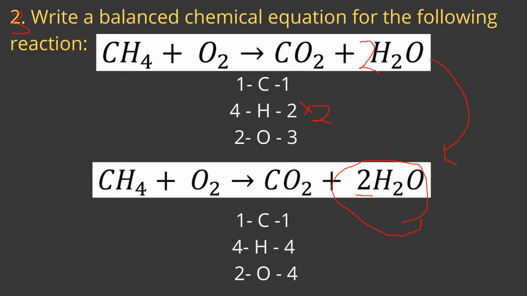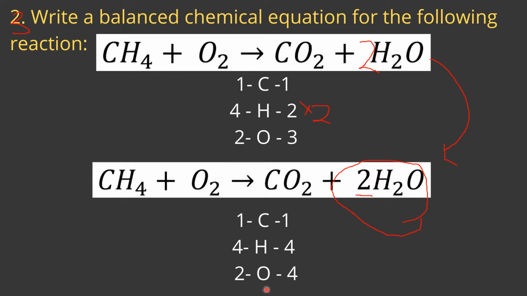And then after you do that, you check whether the carbon is still 1 and the carbon is still 1 on this side, right? The hydrogen is 4 on the left hand side. Now 2 multiplied by H2 will give us 4. It's 2 multiplied by 2 will give us 4. So those are balanced.